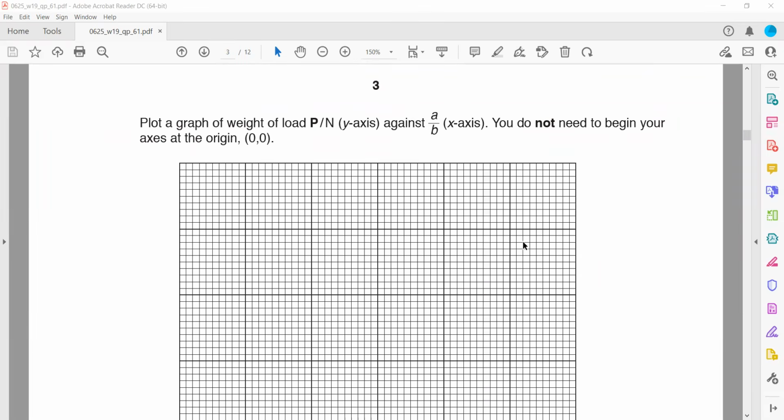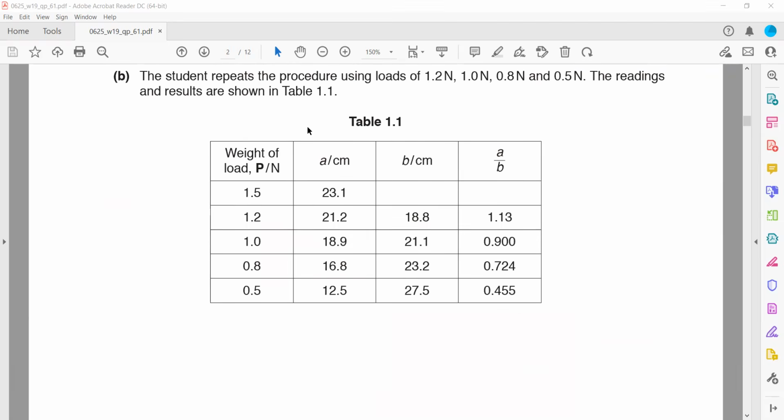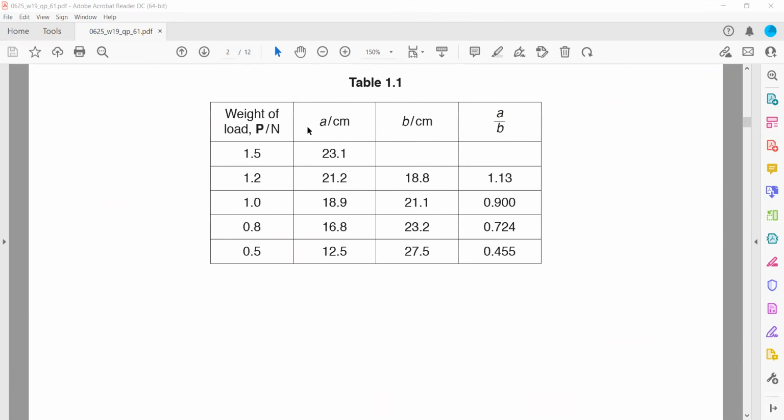Plot a graph of the weight or load P on the y-axis and the ratio A over B on the x-axis. You do not need to begin your axis at the origin. So we don't have to start from the origin. We can start with any number. This value was 1.37.